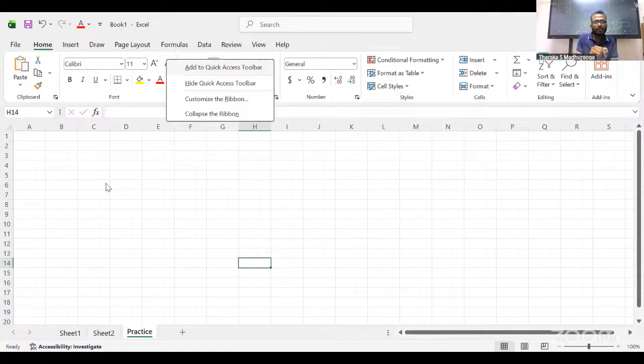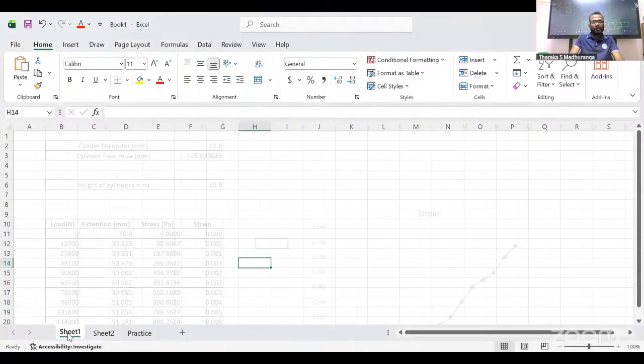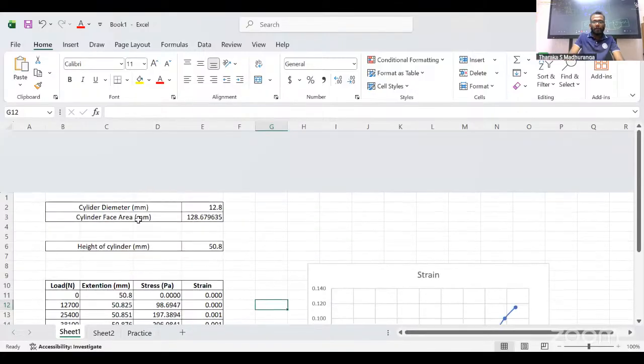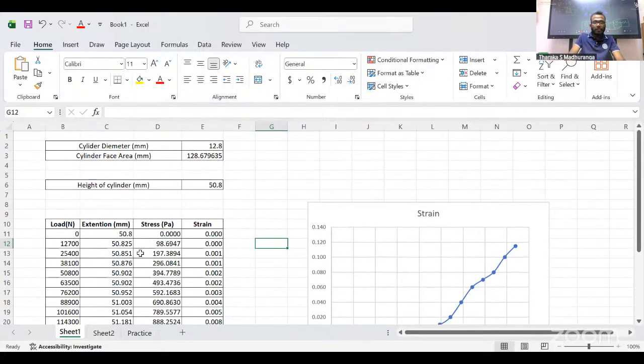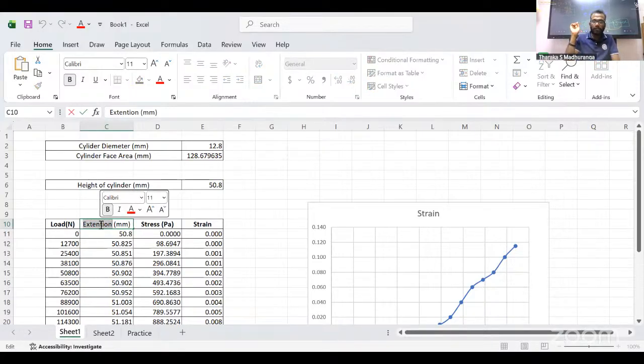I will explain in a practical, right? Okay. These are the dimensions. These are the experimental data I got in the previous experiment, right? Previously I explained the experiment, right?